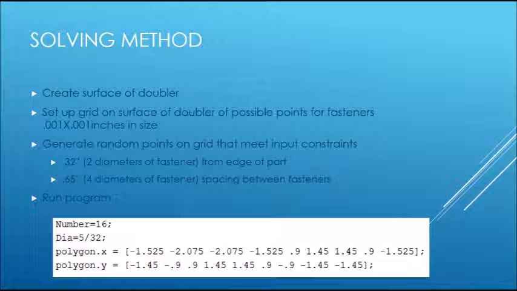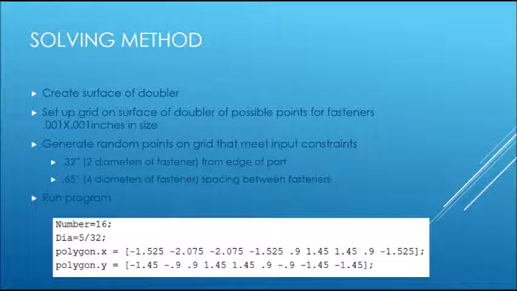And then next you put in the diameter of the fasteners, which is 5/32 fasteners, and then you create a polygon using all the x and y coordinates of each of the corners of the doubler. Also, if you put a higher number than what number of fasteners can actually fit on the surface of the doubler, the program will spit out an error, but it will actually put in the maximum number of fasteners that fit.